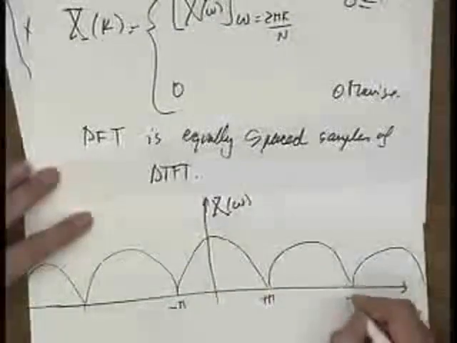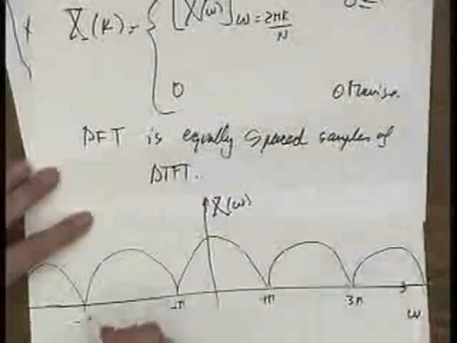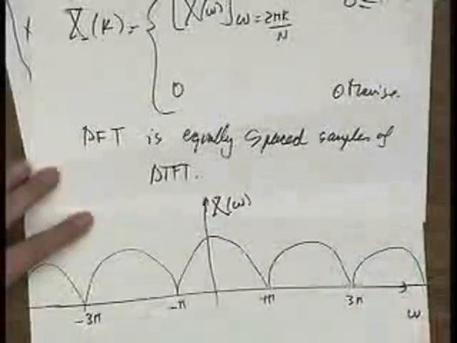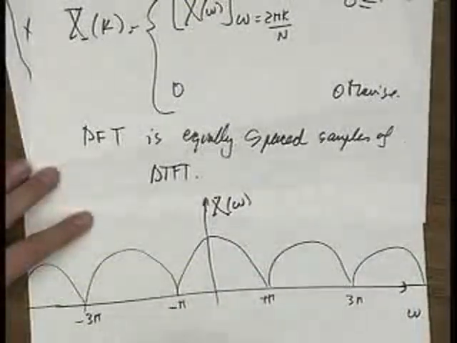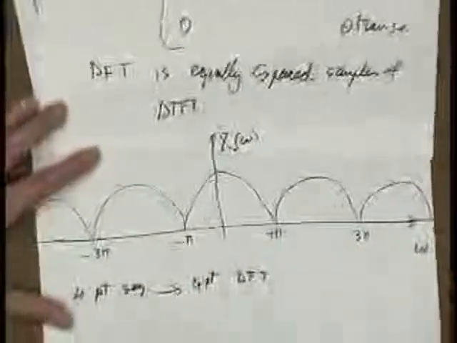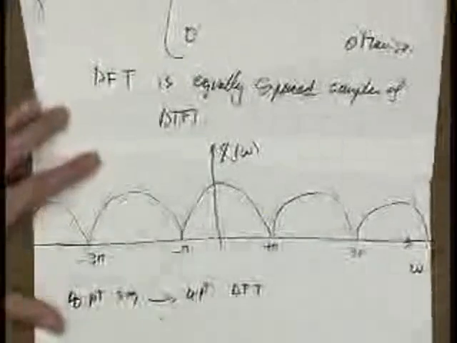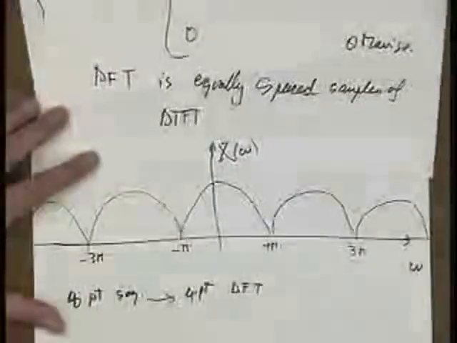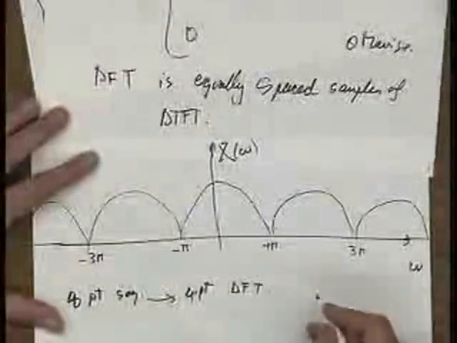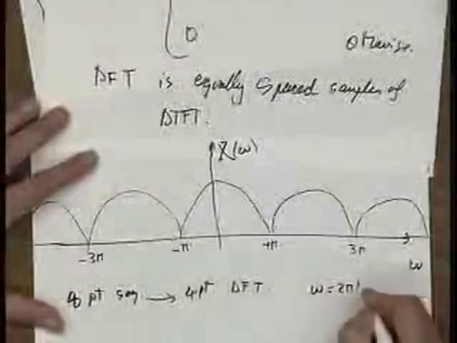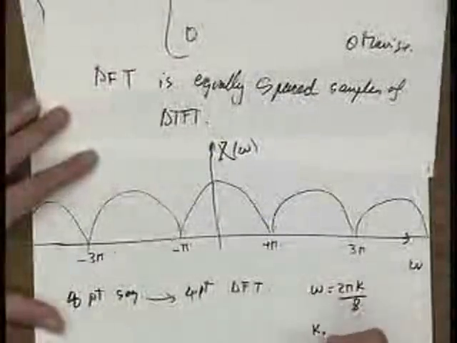It goes minus pi, plus 3 pi, etc., minus 3 pi. And so if I'm talking about, I'm sorry, an 8-point DFT, let's say, what are those 8 equally spaced points?